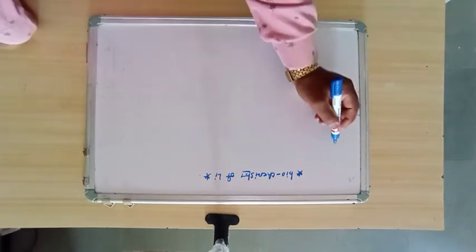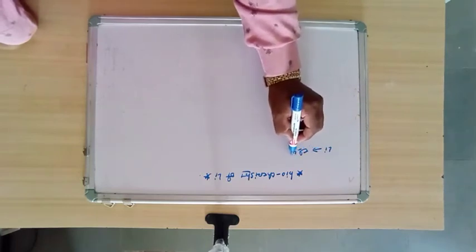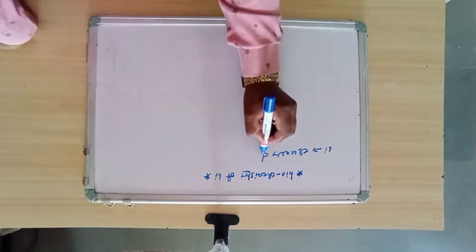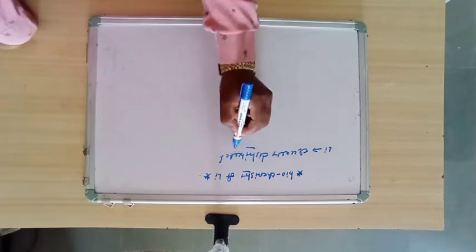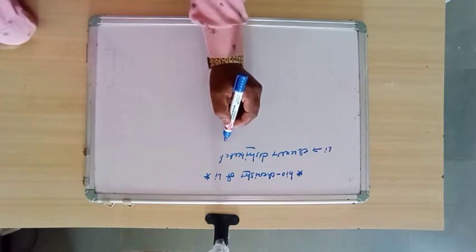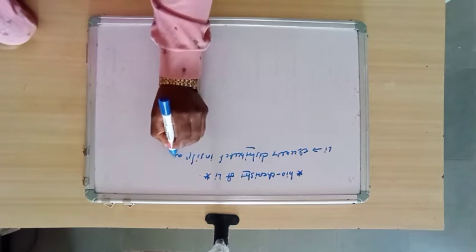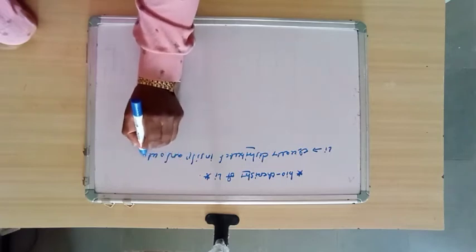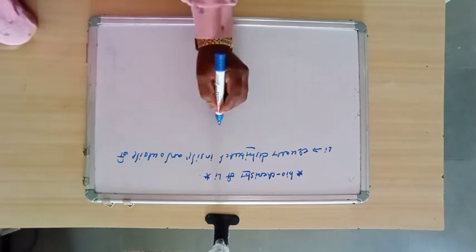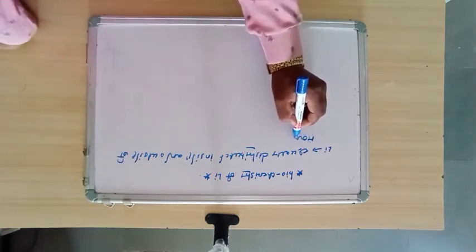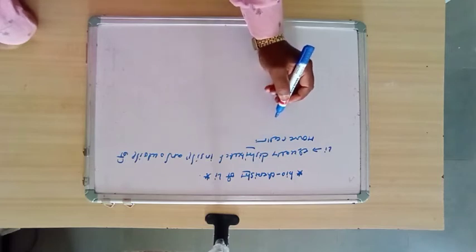So the first point is that lithium is equally distributed inside and outside of nerve cells. So you should remember.